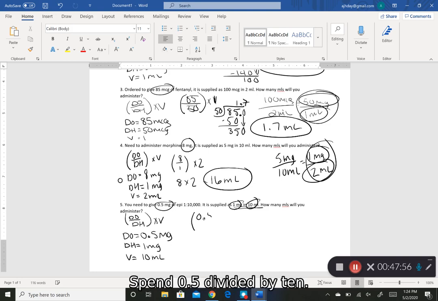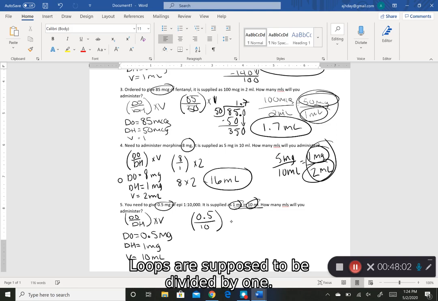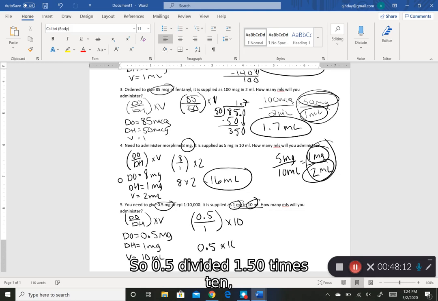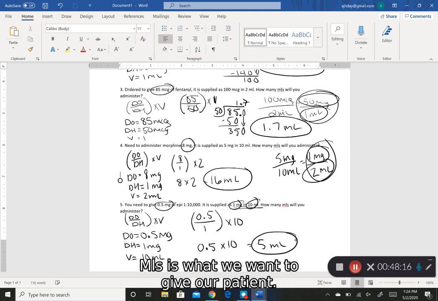So I have 0.5 divided by 10. Oops, sorry. It's supposed to be divided by 1. Just thinking ahead. Times 10. So 0.5 divided by 1, 0.5 times 10, which is going to give us 5 mLs, is what we want to give our patient.